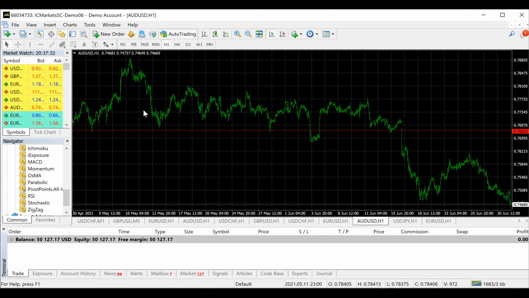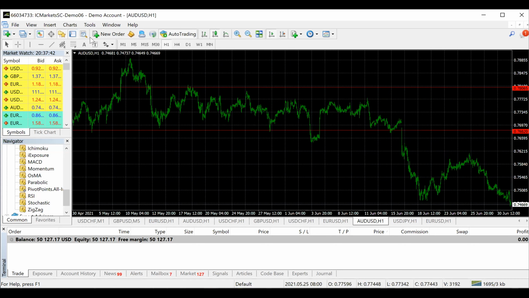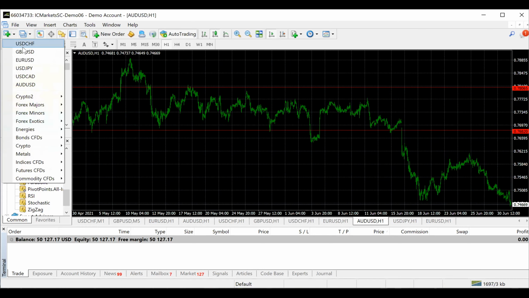This one doesn't give us a perfect fake breakout. Let's look for another pair, to see the one that gives us a perfect fake breakout.